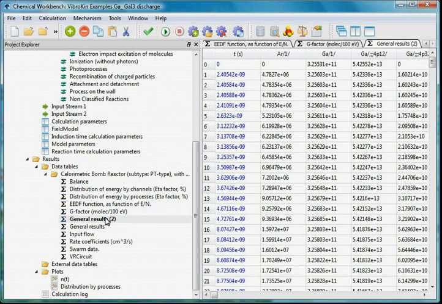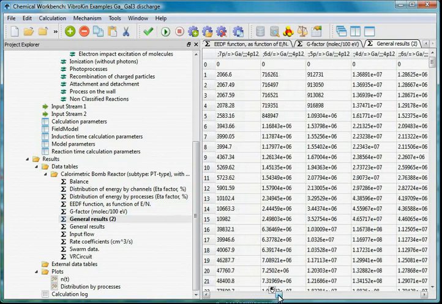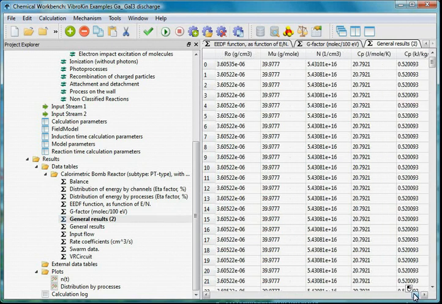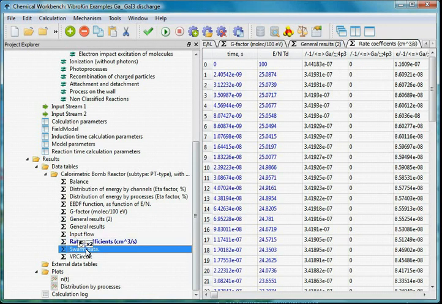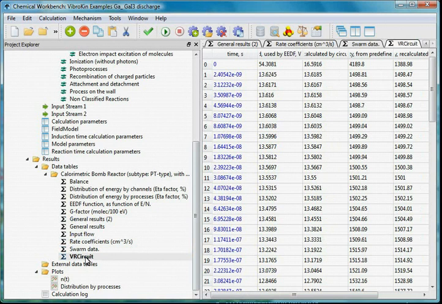General results tables contain species concentrations, full reaction rates, gas mixture and discharge parameters such as temperature, density, thermodynamic functions of the mixture, which can be plotted on graphic figures. Rate coefficient tables, swarm data, and tables of electric circuit parameters.